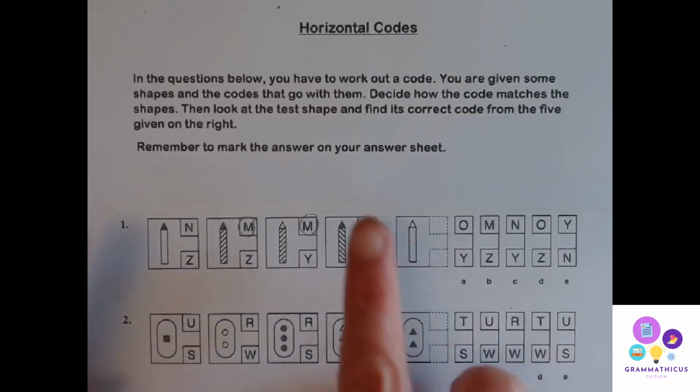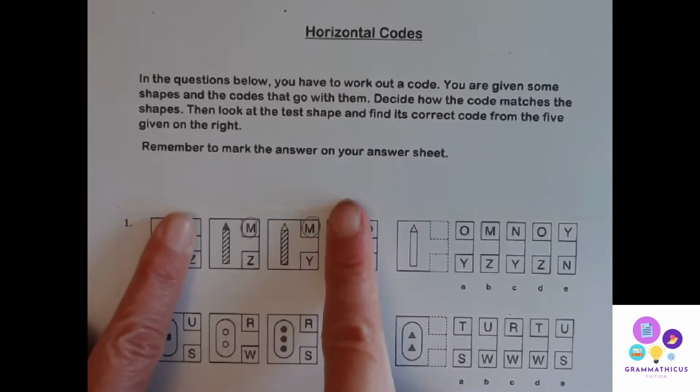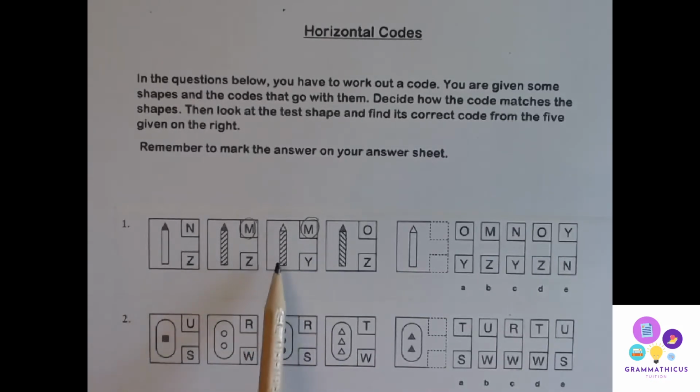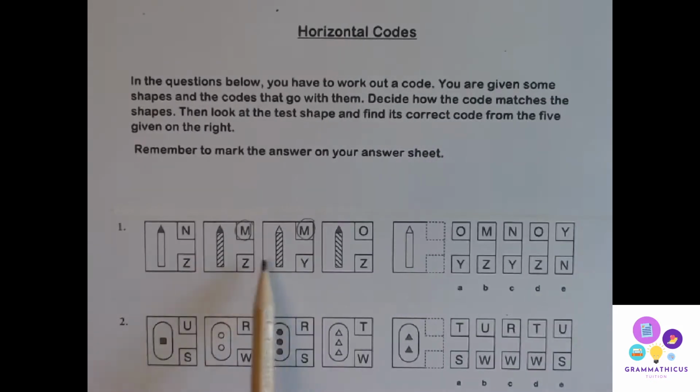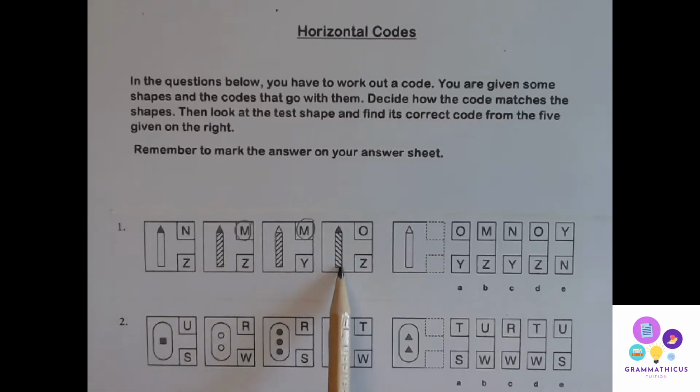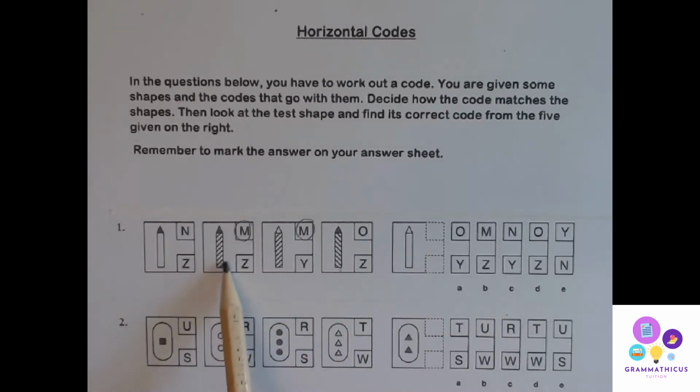Well, if I forget about those 2 shapes and just look at those shapes, I can see that they have the same type of shading. This one's got the same type of shading too, but the lines are going in the other direction. So the shading on these 2 almost pencils is the same direction.